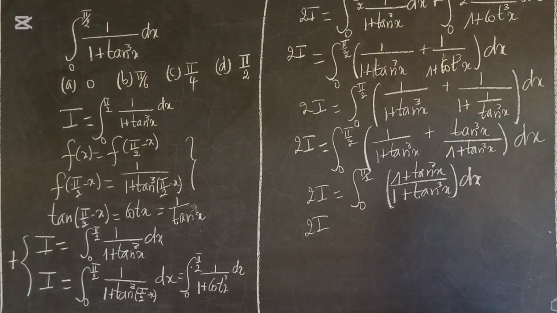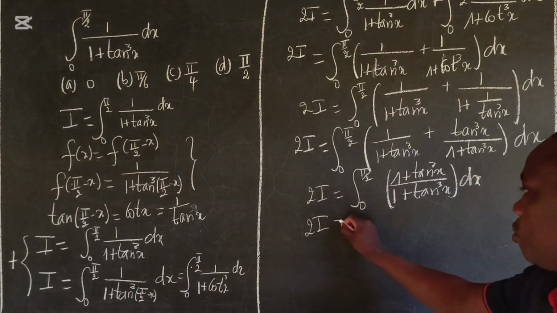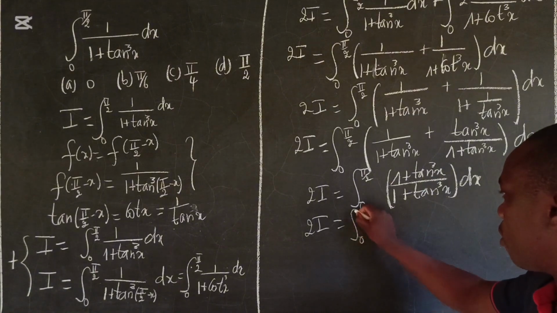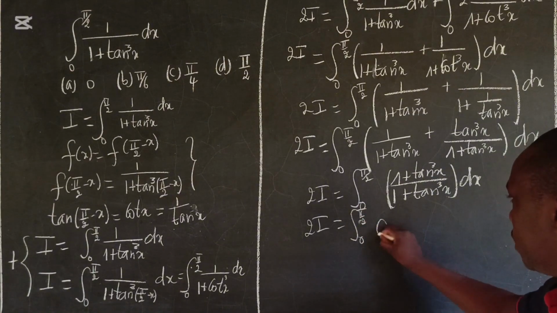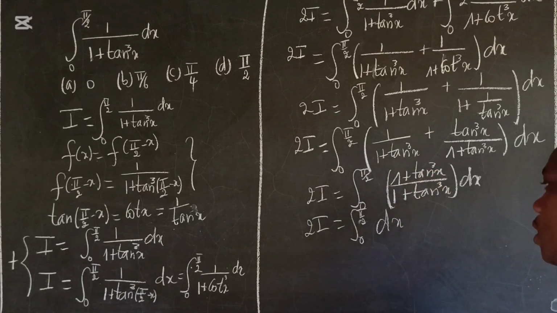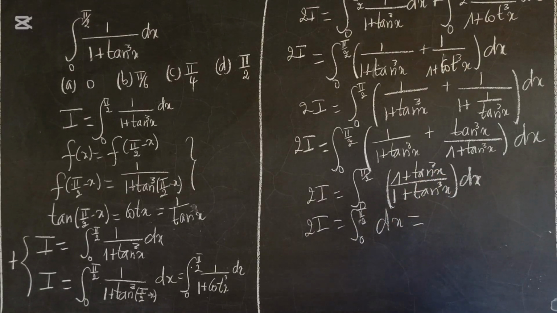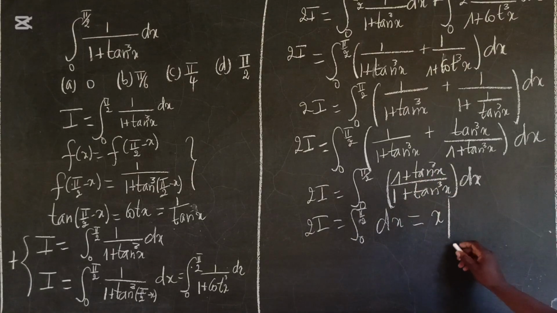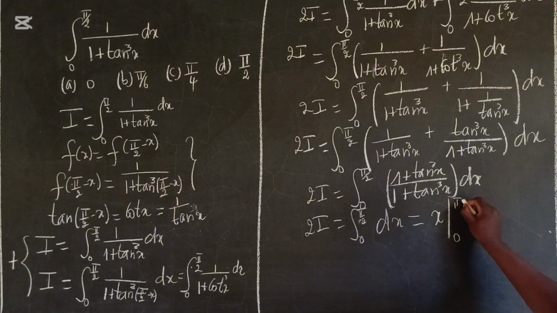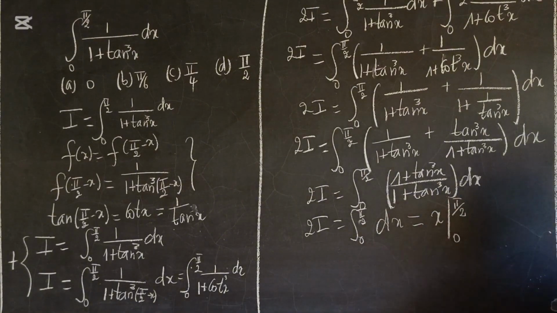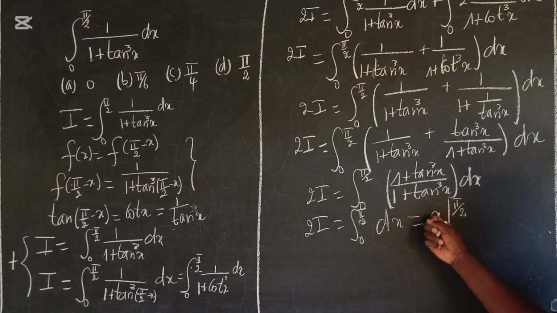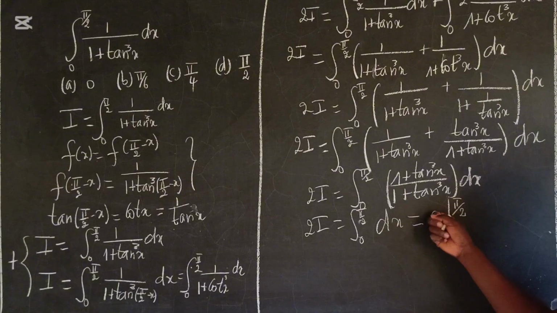2I is equal to the integral from 0 to pi over 2 of dx, because this is 1. This is equal to x, with the boundaries pi over 2 and 0. As you know, when you are given the boundaries, you take the upper one and subtract the lower one.